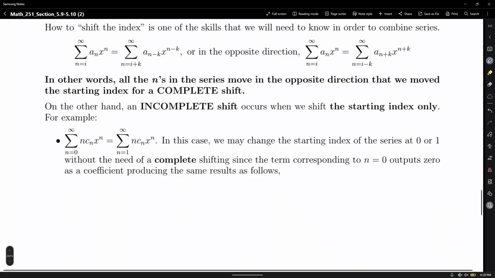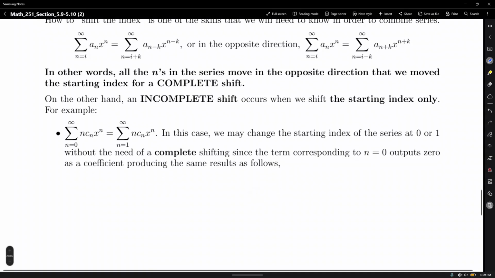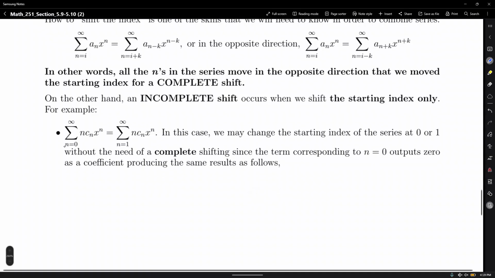Number one, consider the series sigma n equals 0 to infinity of n c sub n x to the n. So here I'm going to do an incomplete shifting and change n equals 0 to n equals 1. That's possible. Notice I didn't change the n's inside of the series, right? And you may ask yourself, why is this possible?